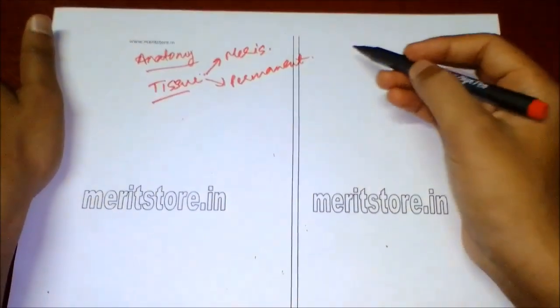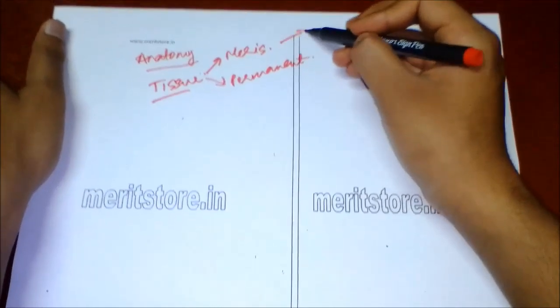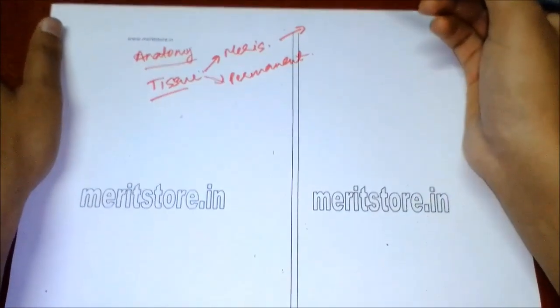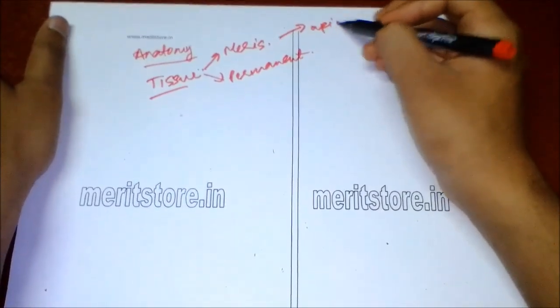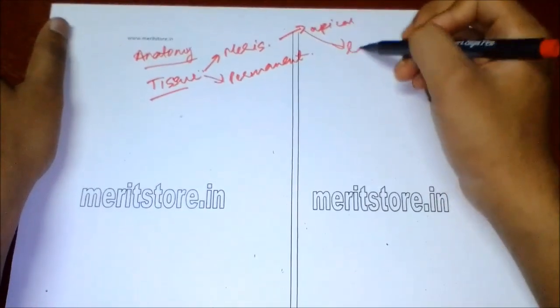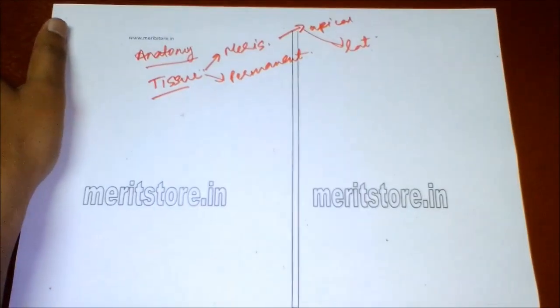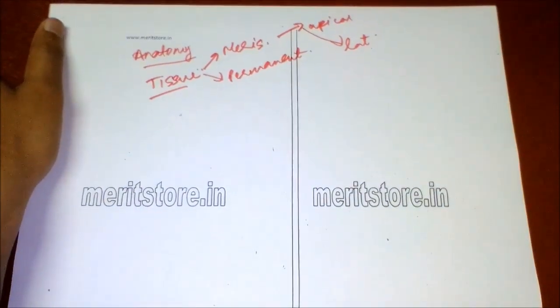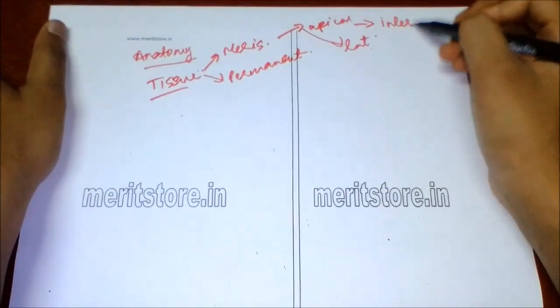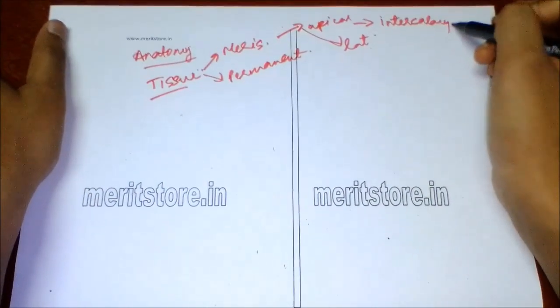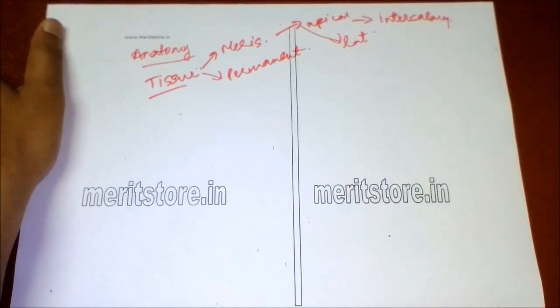There are primary meristem, and secondary or lateral meristem. Then there is apical meristem, and lateral. Both apical and intercalary together are called primary meristem. These are a few concepts which you have to know.